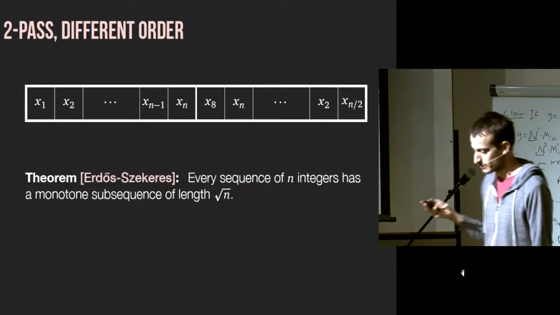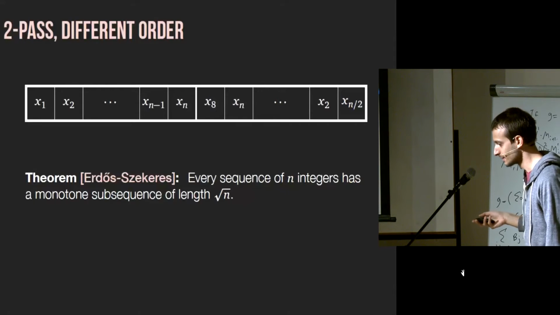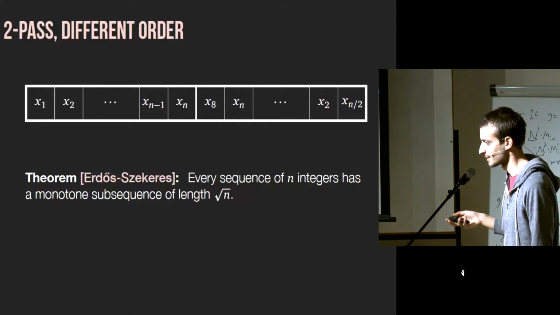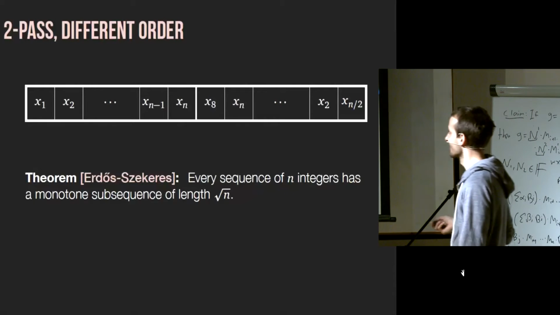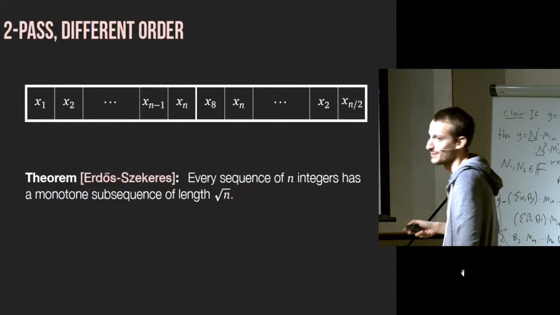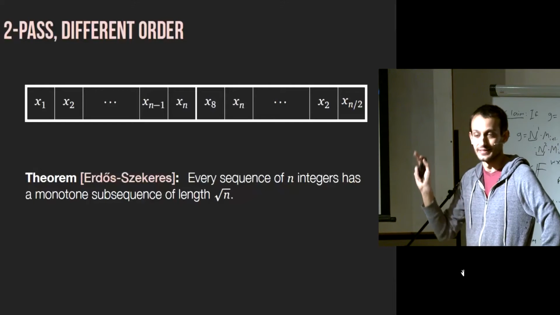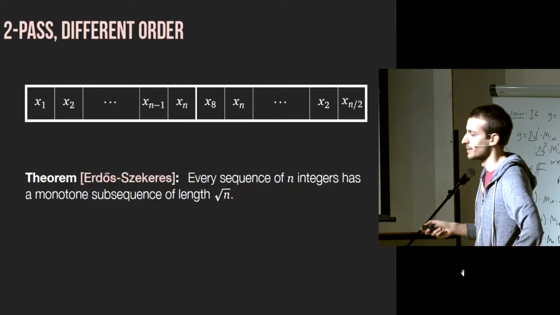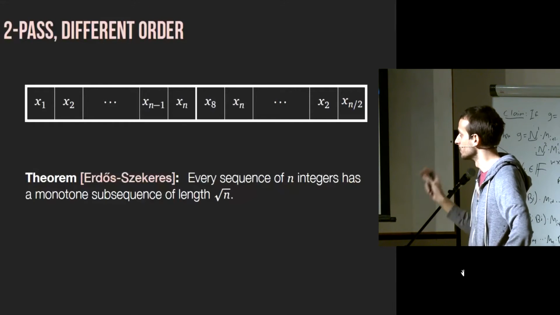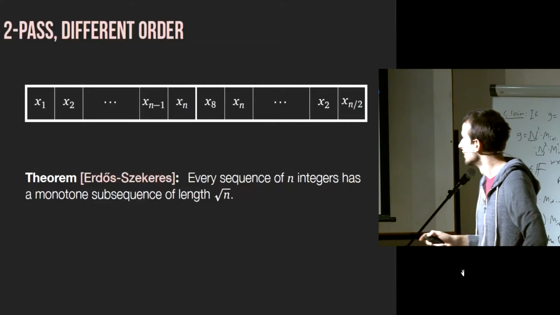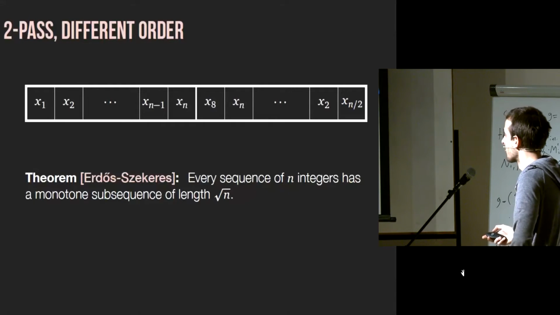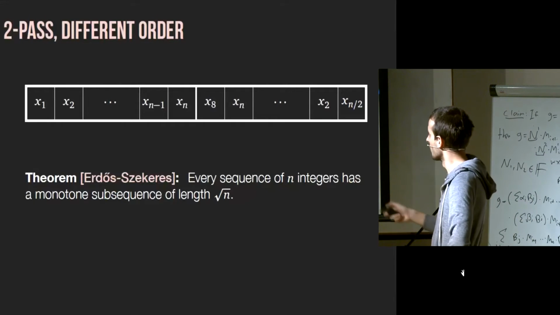So here is a useful theorem that, like Pavel said, you learn in high school. The Erdős-Szekeres theorem tells you that if you have a sequence of n integers, you can find a monotone subsequence whose length is roughly square root n. So let's think about it for a moment.